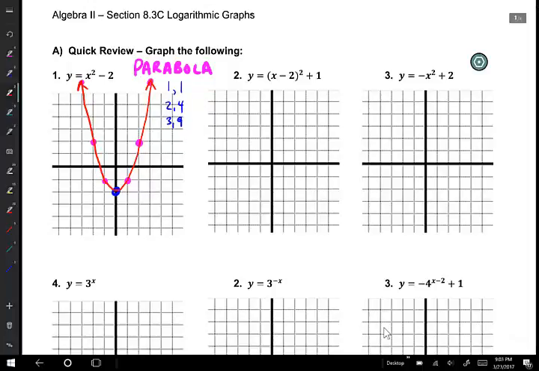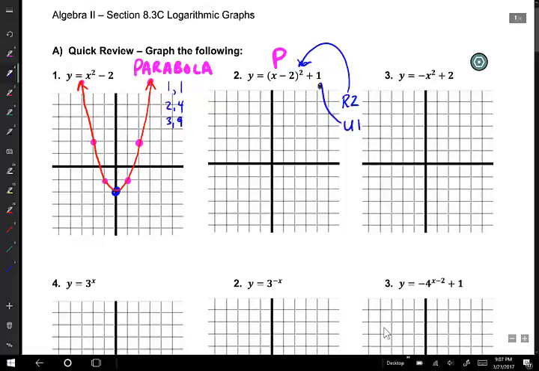All right, now moving over to number 2, we have a parabola again. So I'm going to label that with a P for parabola. But we have two components. We have x minus 2 on the inside, and so that x minus 2 is going to move to the right 2. And then the plus 1, very simply, means it moves up 1.